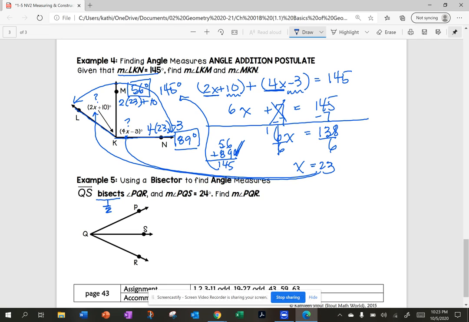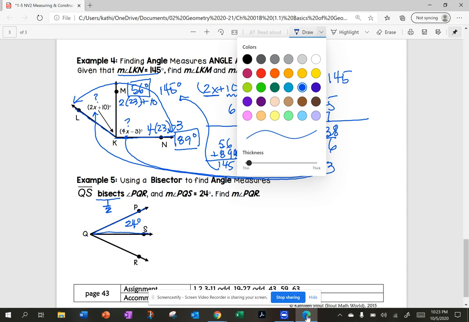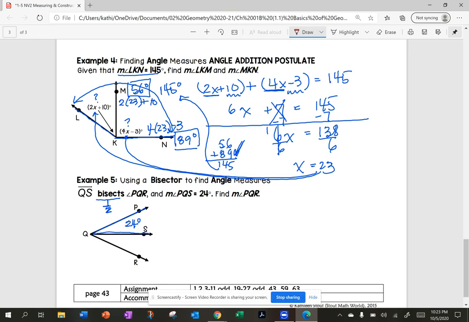PQS is 24 degrees. Find the measure of angle PQR. So it's asking me to find PQR, which is the whole. So I want to know what the whole is.